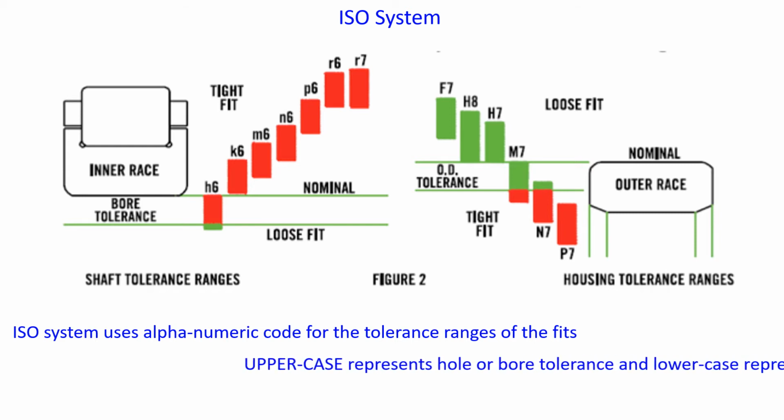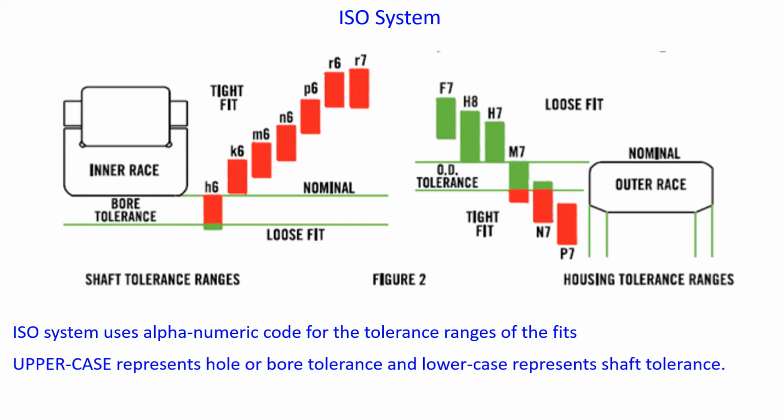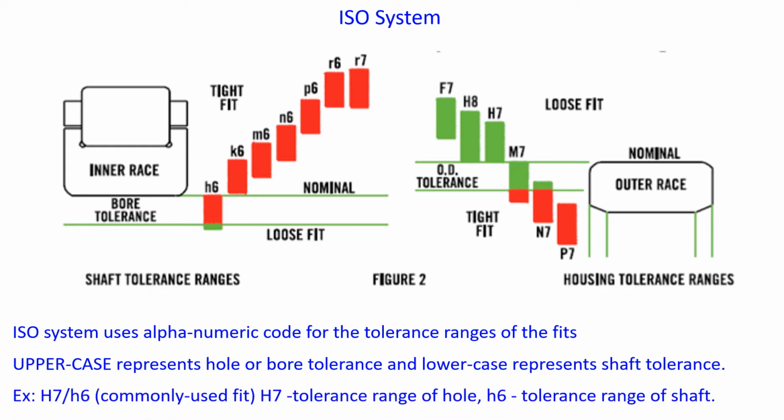Uppercase represents bore or hole tolerance and lowercase represents shaft tolerance. Example, let us take H7 by h6, a commonly used fit. Capital H7 indicates tolerance range of hole or bore. Small h6 indicates tolerance range of shaft.